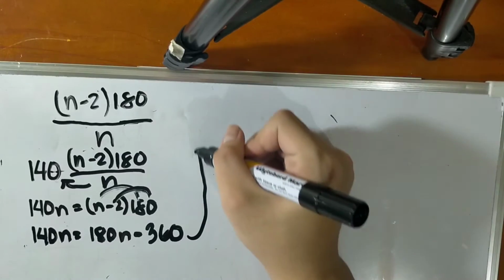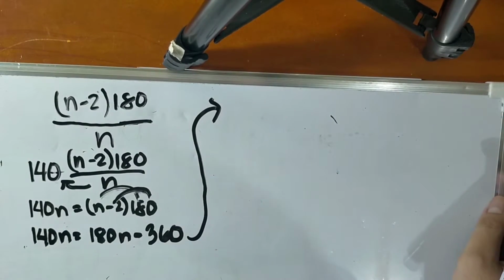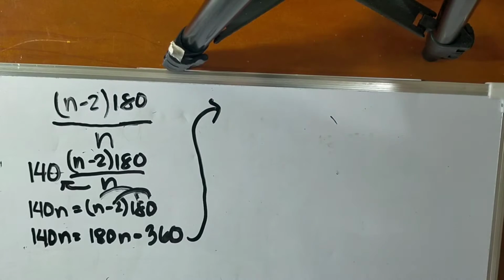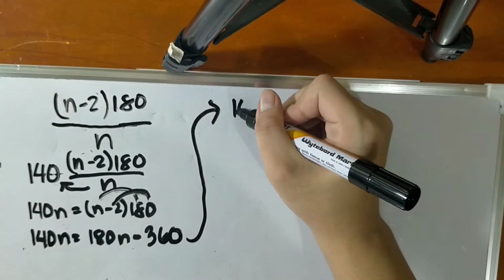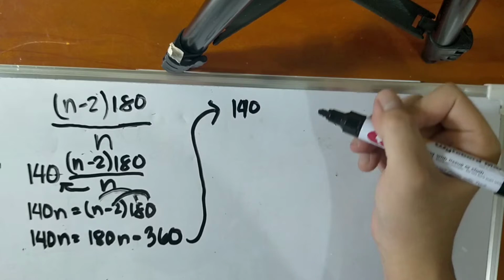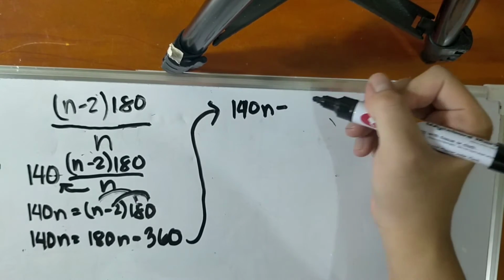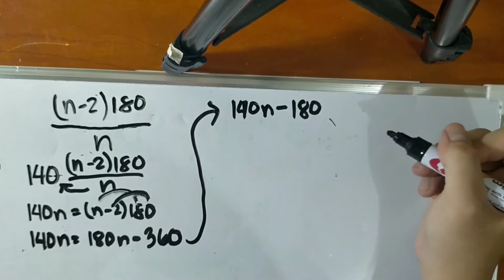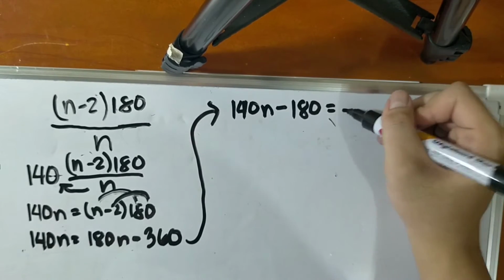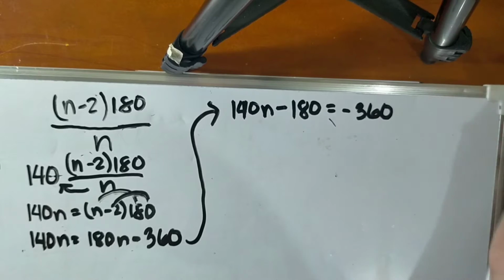For the next step, we need to transfer 180n to the left side, so that will be 140n minus 180n equals negative 360.